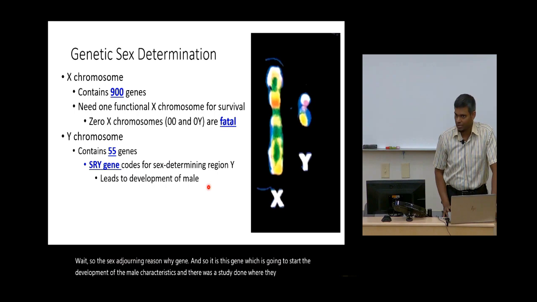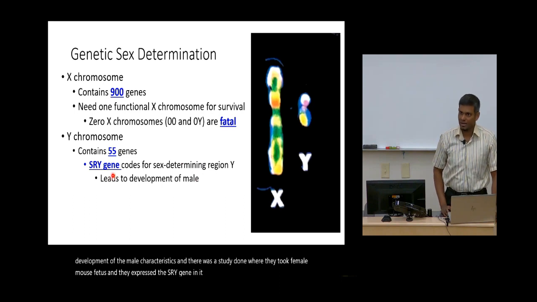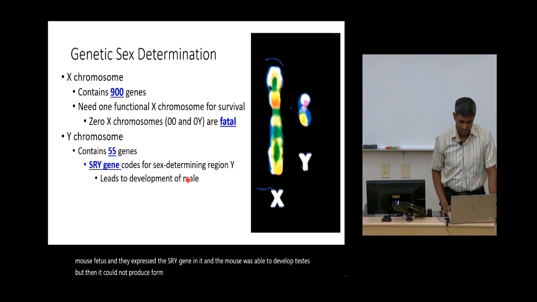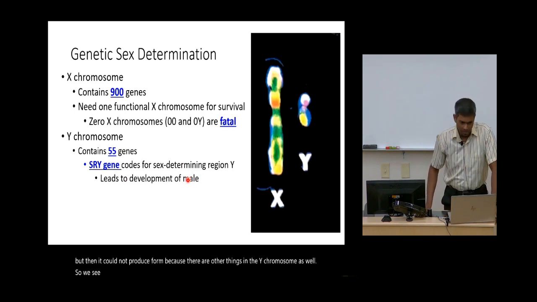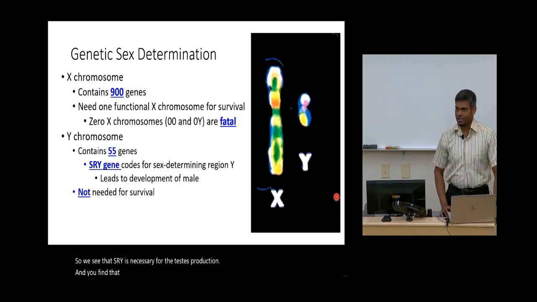There was a study done where they took a female mouse fetus and expressed the SRY gene in it, and the mouse was able to develop testes, but then it could not produce sperm because there are other things in the Y chromosome as well. So we see that SRY is necessary for the testes production. And you find that the Y chromosome is not necessary for survival.